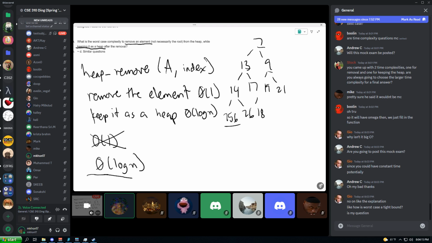I think the main thing is, let me see. If I wanted to remove an element, like 13, which is not the heap, I have to take my last element, replace it up here, and then take this element and call heapify. Now heapify can have a maximum of calling, I believe, 3 times in this tree.